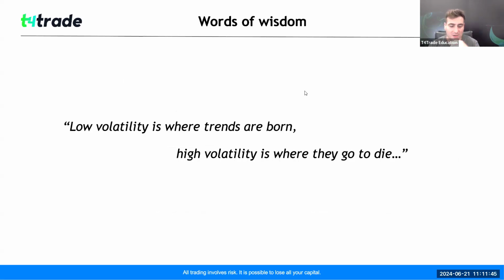So a lovely quote that I personally like a lot. This is from the legendary John Bollinger, and you can use this kind of quote when it comes to your trading style as well. When there is low volatility is where trends are born, and high volatility is where they go to die.